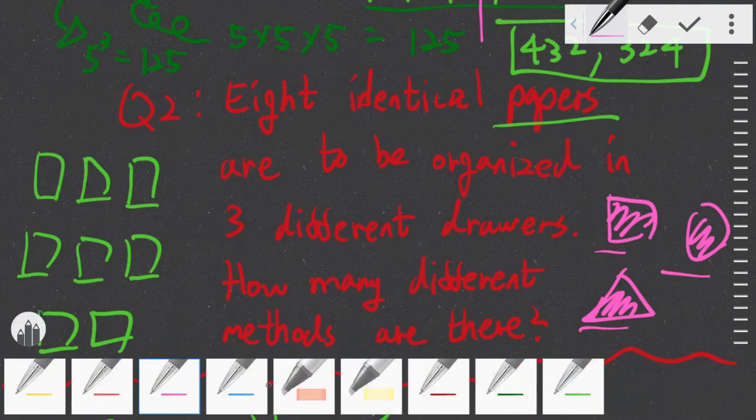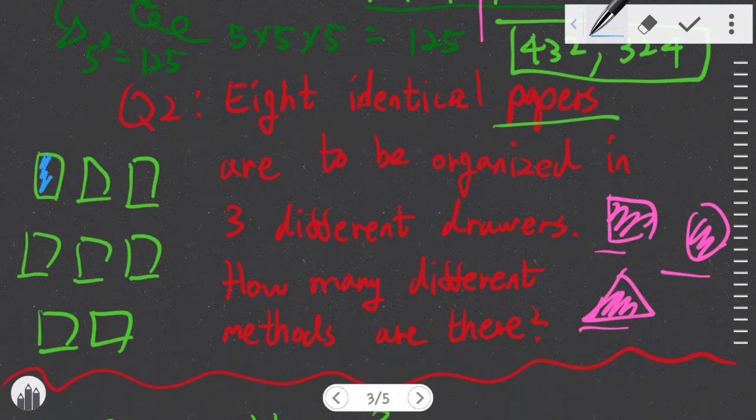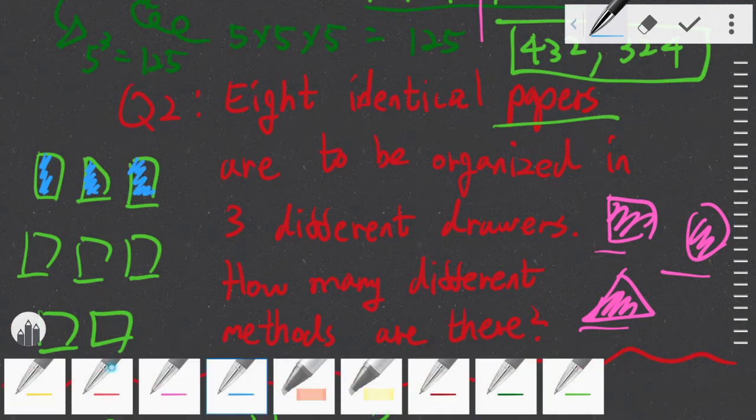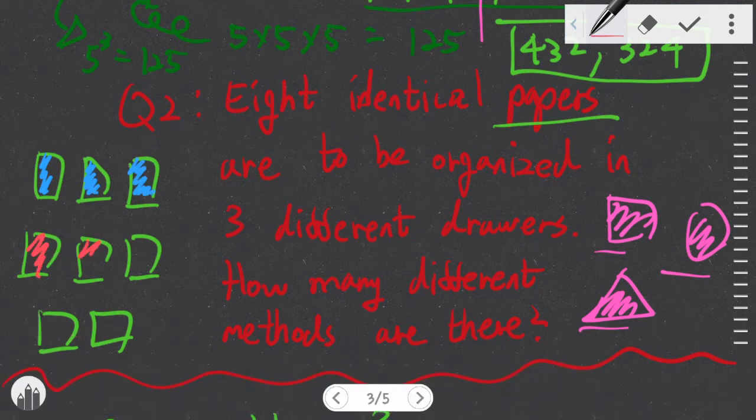So, for example, let's differentiate them even though they're the same. Let's say we have 3 blue and 3 red. Let's say we put some in this rectangular drawer, 2 blues and 1 red.